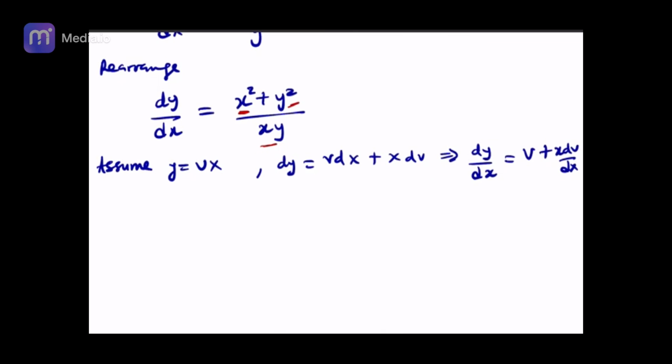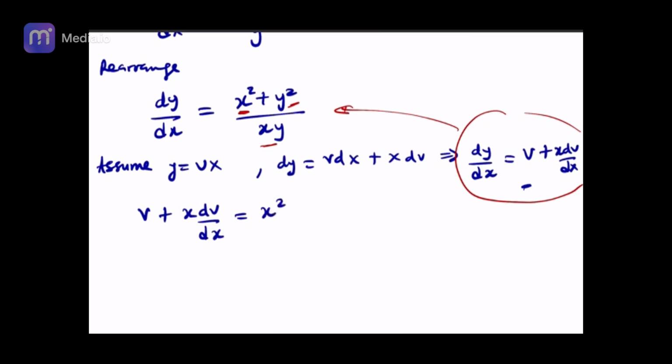So we can simply take this and substitute into this equation, so that we can have that v plus x dv/dx is equal to (x squared plus v squared x squared), because y is equal to vx, all over x squared v.